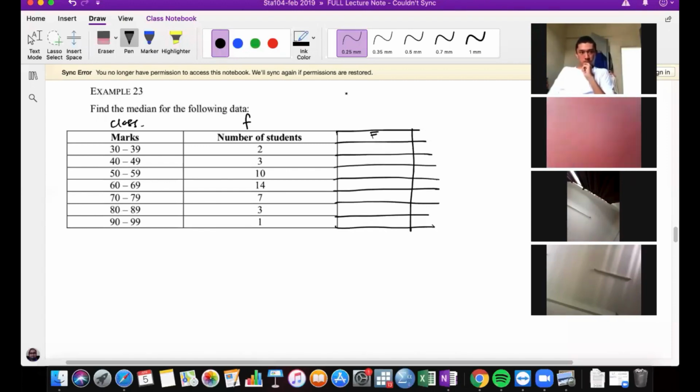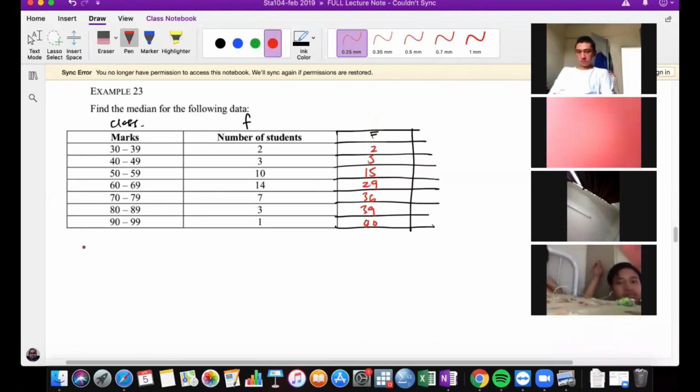So 0 plus 2 is 2, plus 3 is 5, 5 plus 10 is 15, then 29, 30, 36, 39, and 40. This is your first step.